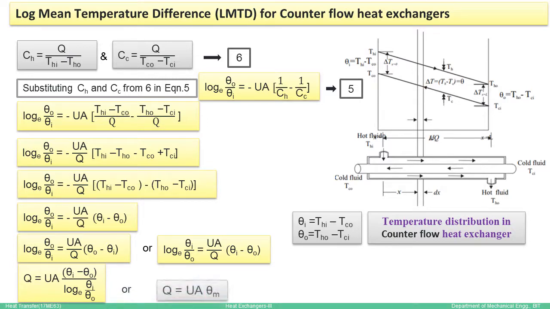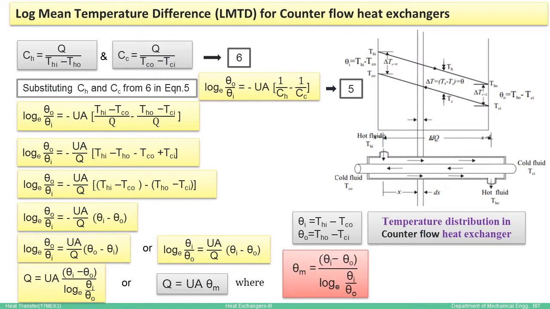Replacing that term by theta m, we can have q written as UA into theta m, where theta m is (theta i minus theta o) divided by log of theta i to theta o to the base e. And this is the expression for LMTD for counter flow heat exchangers. Remember, this equation looks very similar to that of the parallel flow heat exchanger, but theta i and theta o values are different for counter flow because of their expressions.